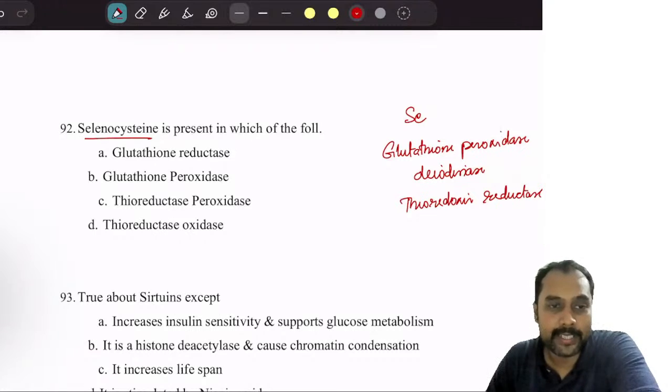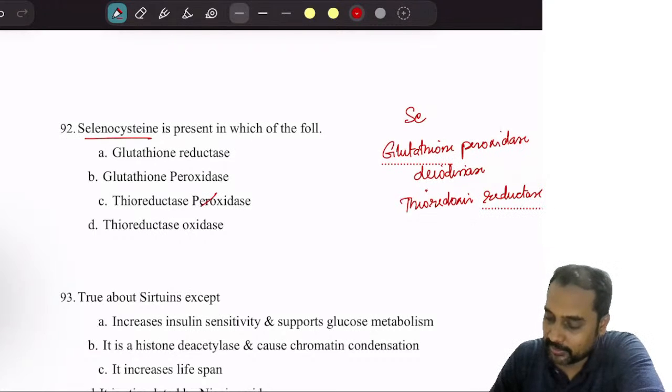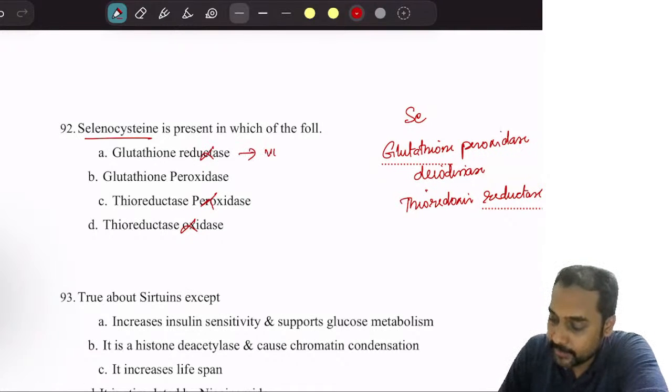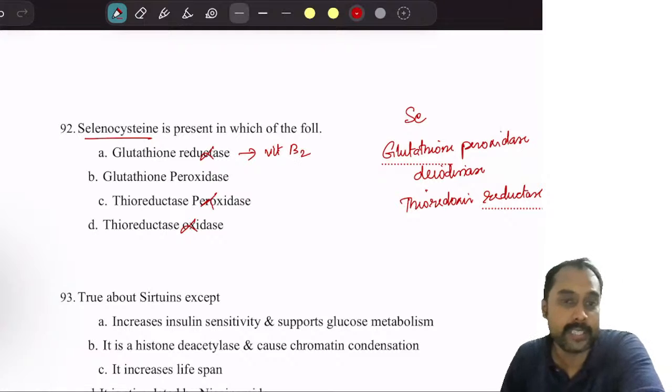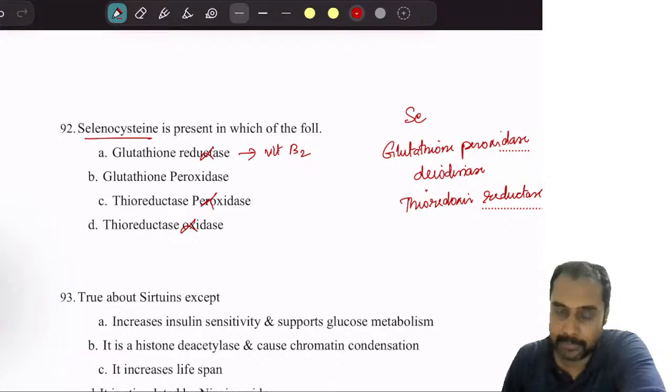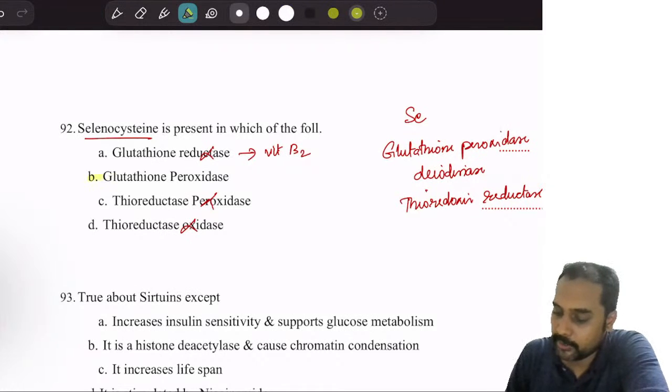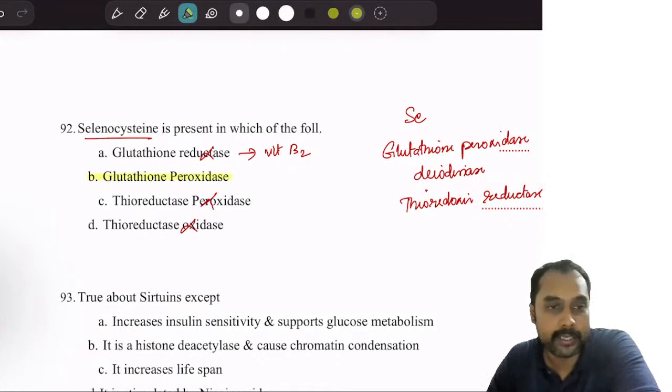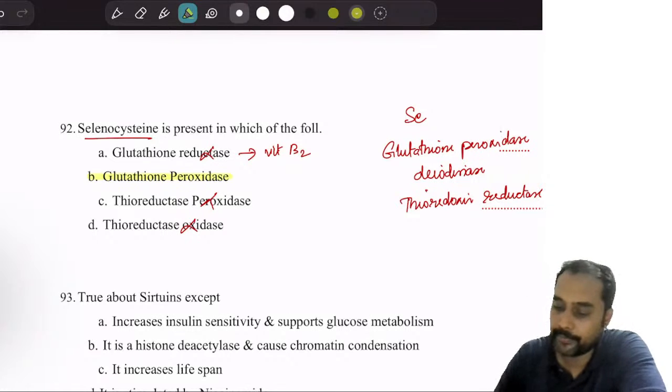So which is the answer here? Thioredoxin peroxidase wrong. Thioredoxin oxidase wrong. Glutathione reductase is also wrong. Okay. For glutathione reductase, it is vitamin B2, which is the marker. So glutathione reductase deficiency marker is vitamin B2. Here, selenocysteine, answer is glutathione peroxidase. Okay, fine.